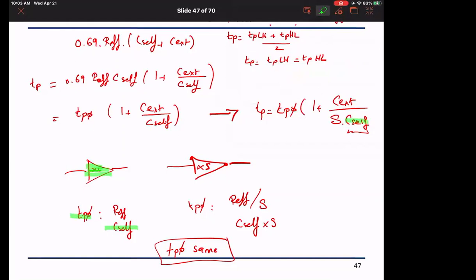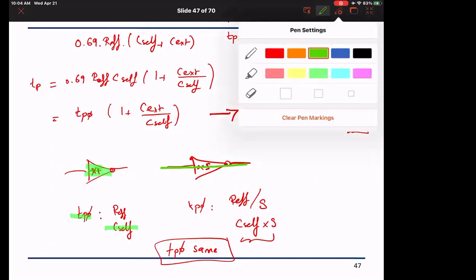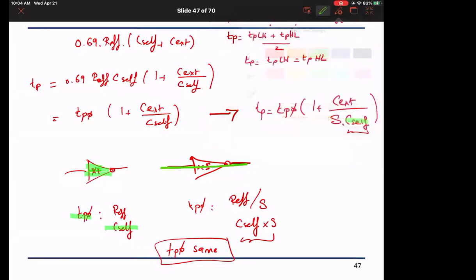This C self corresponds to the minimum sized, or times 1, inverter, and it will pop up multiplied by S in the delay expression of the S-sized inverter. Let me draw it for you. In the S-sized, times S, inverter.